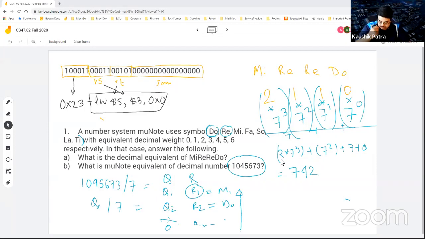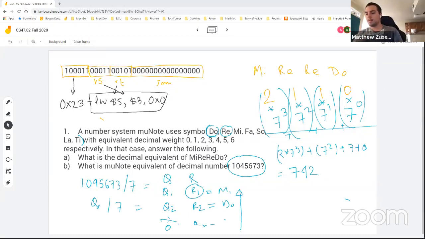So anyone has completed that process? Yes. So what's your answer? Final answer is there. Re, re, ti, re, fa, so, re, ti.